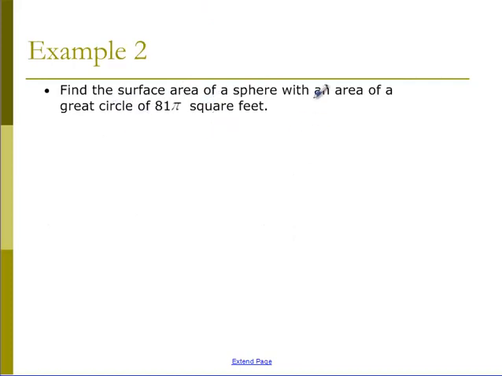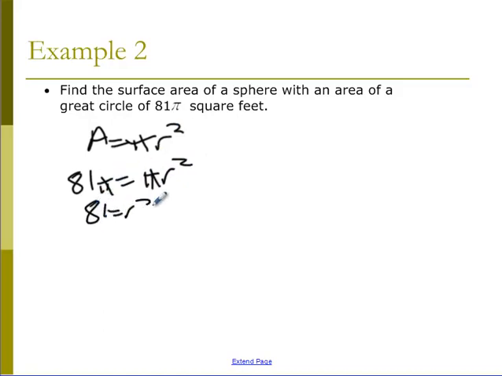Find the surface area of a sphere with an area of a great circle of 81 pi square feet. So the great circle is just a circle. That's pi r squared. So 81 pi equals pi r squared. Pi's cancel out. 81 equals r squared.